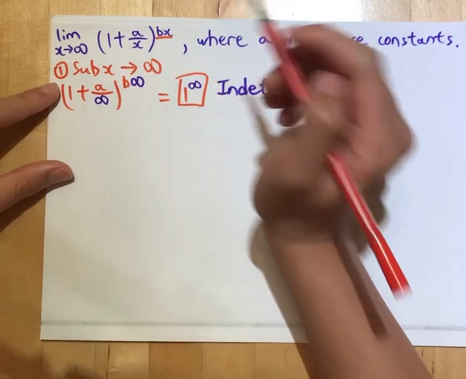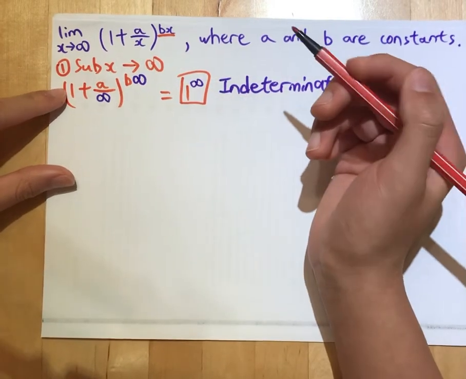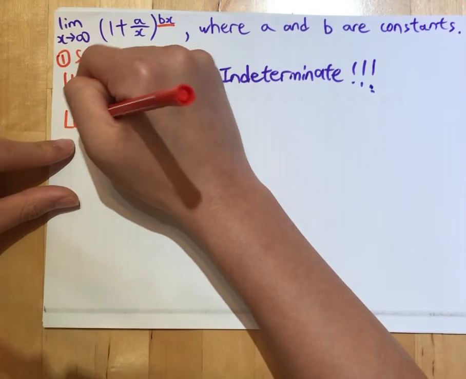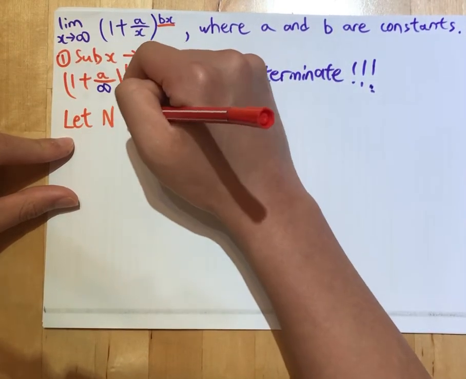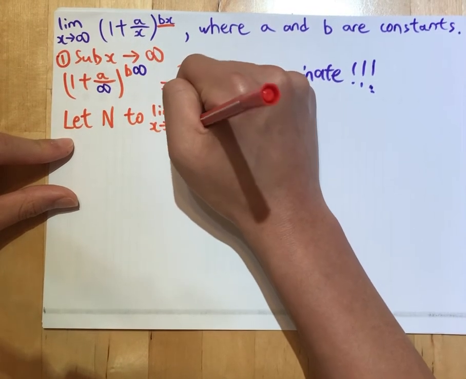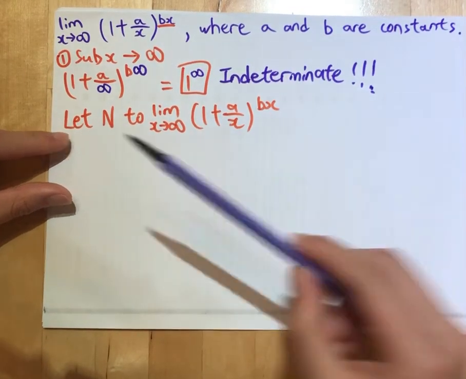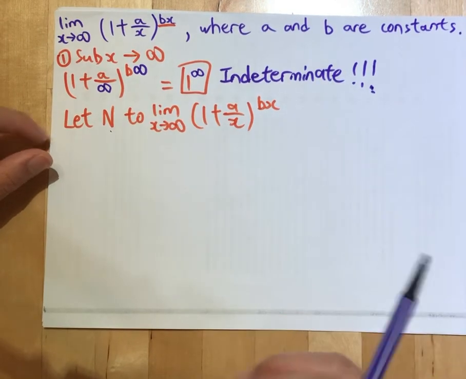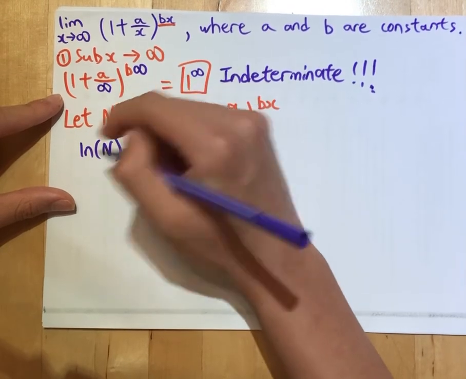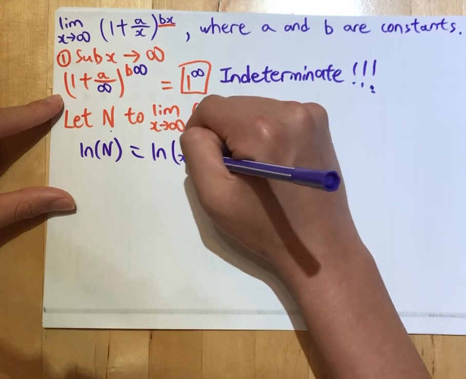Now we see an exponent here, so maybe we would want to bring the power down by using natural log. But before using it, we will need to set n to be the solution of this limit. And let me write that down for you. Now n is equal to this limit, so that we can take natural log of both sides.